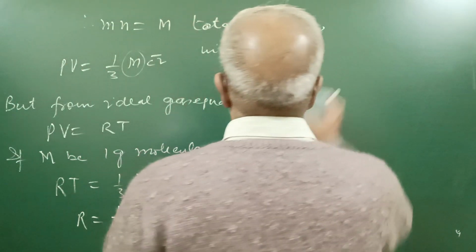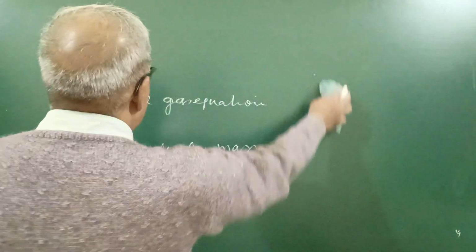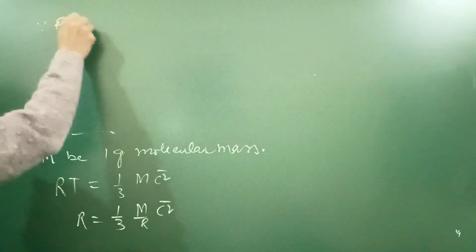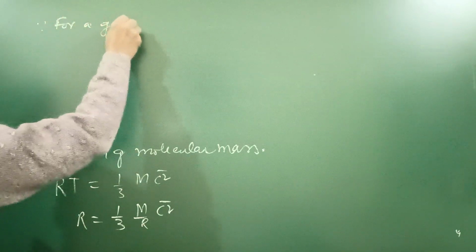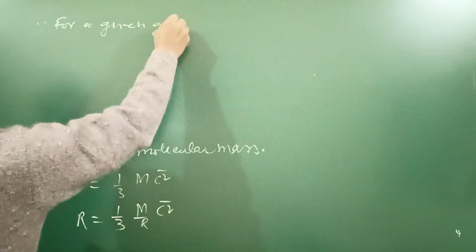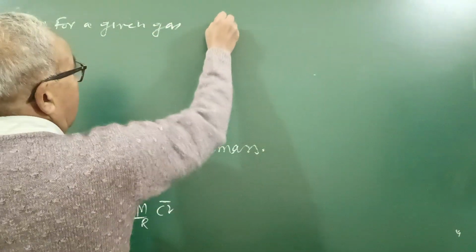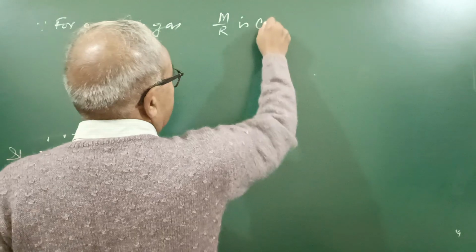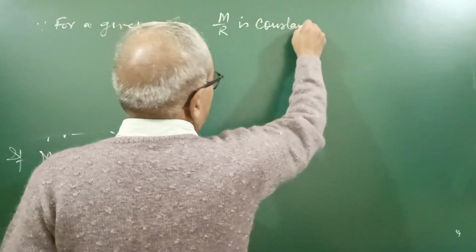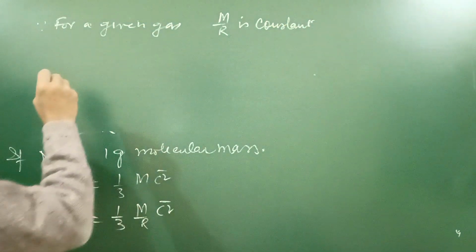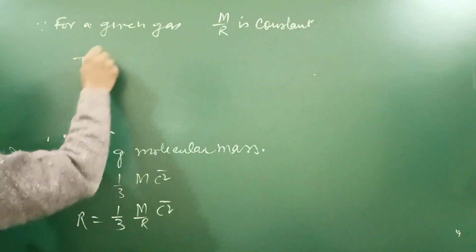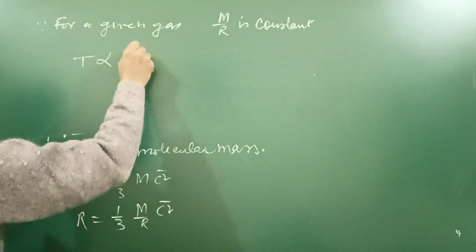Since for a given gas M upon R is constant, T is proportional to c square bar.